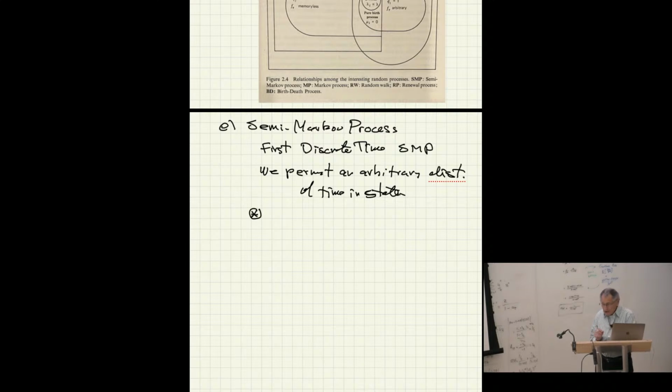At the instant of state transitions, when you move from one state to another, it behaves as a Markov process. So when it moves, it behaves like a Markov process at those instants.